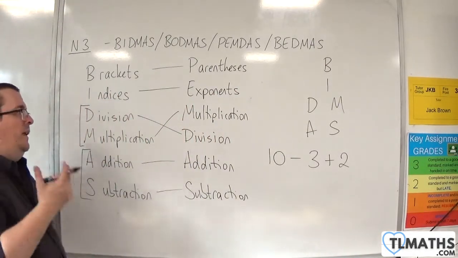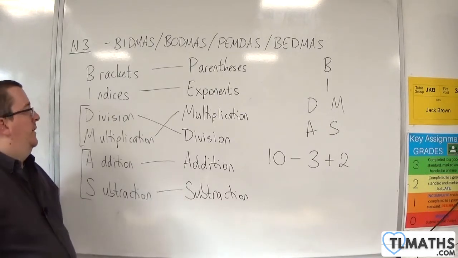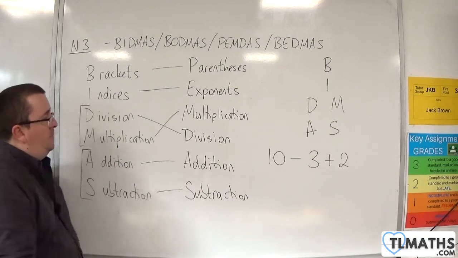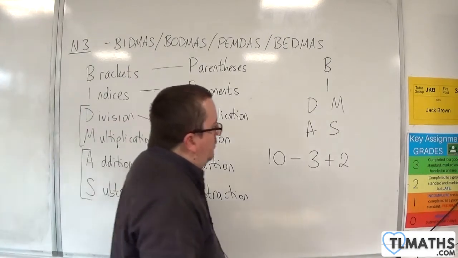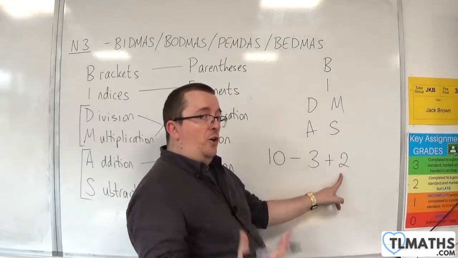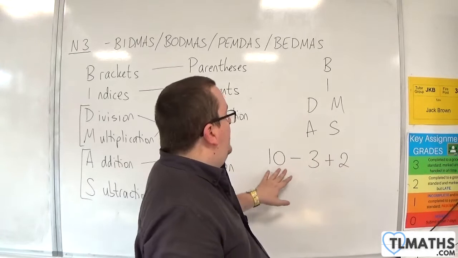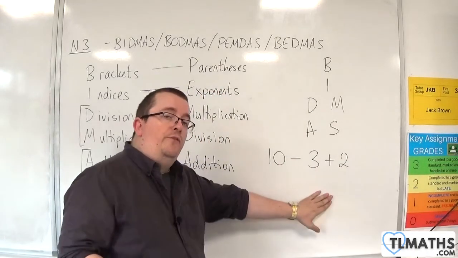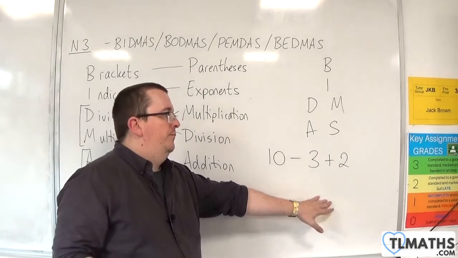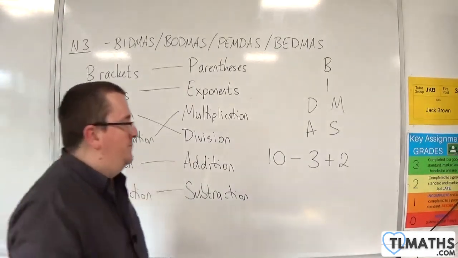Now, if you were to follow BIDMAS to the letter and go, right, I've got to do addition before subtraction, then that would mean I've got to do 3 plus 2 first. This is the most common misconception. I would do 3 plus 2 is 5, and then do the subtraction, so I'd have 10 take away 5, which is 5. Okay? But that's not the correct answer.